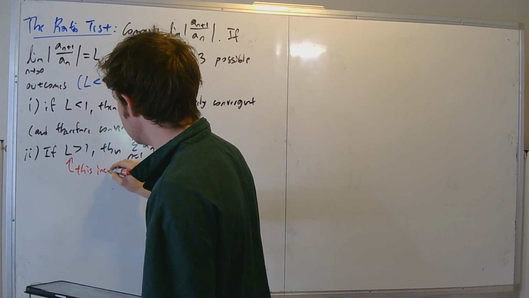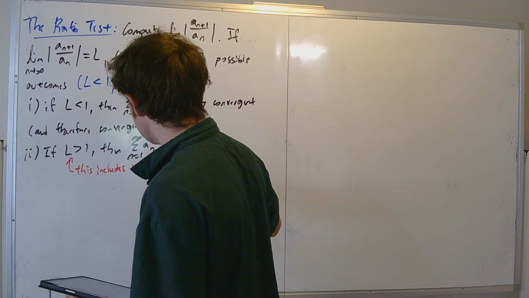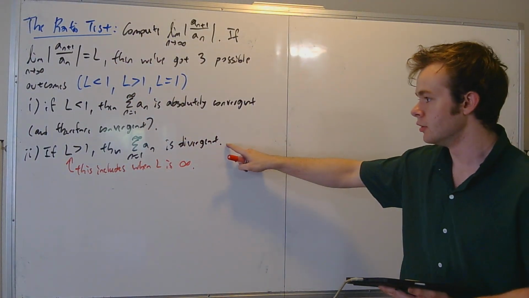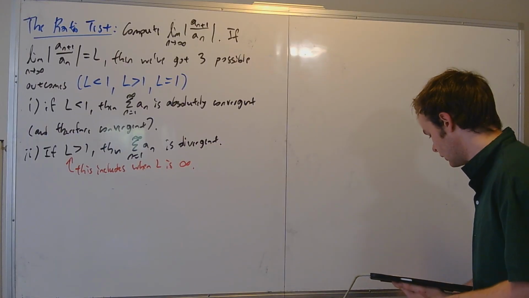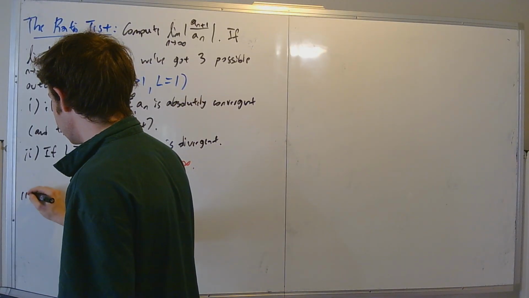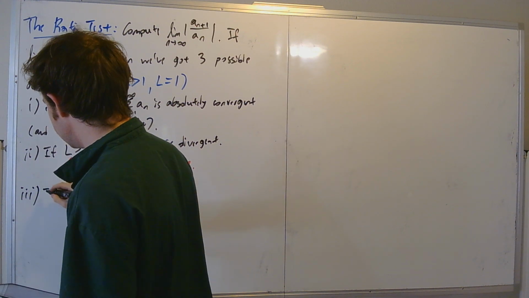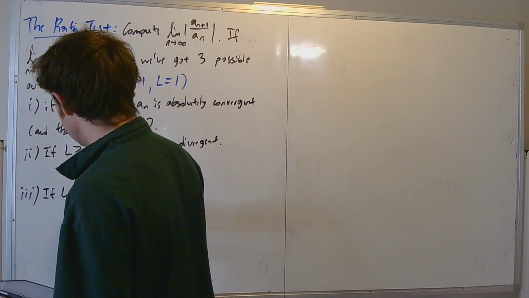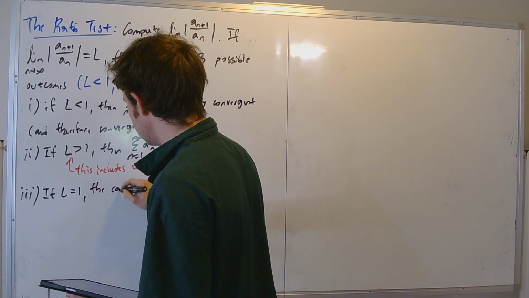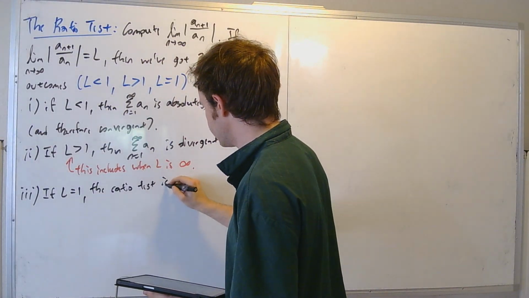This includes when L is infinity. So if L is infinity, then it's certainly greater than 1, and you can use case 2 here. So the case number 3 is the case that's not so good for us. If L equals 1, then the ratio test is useless.